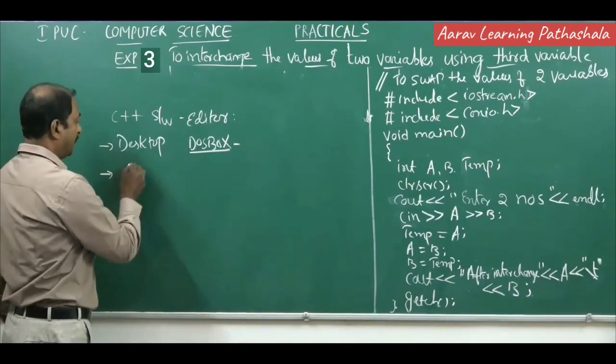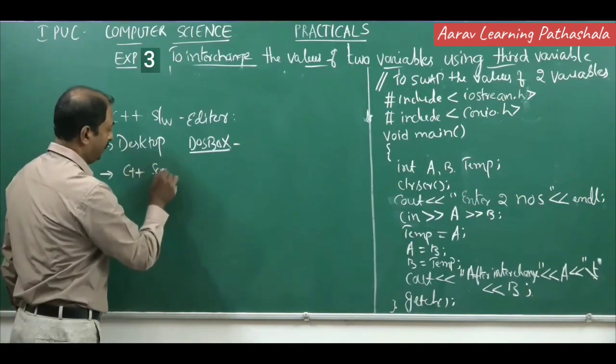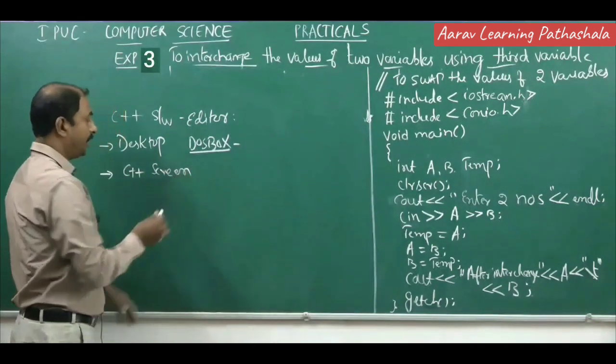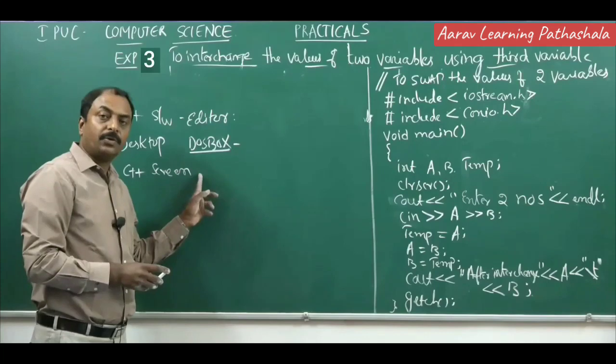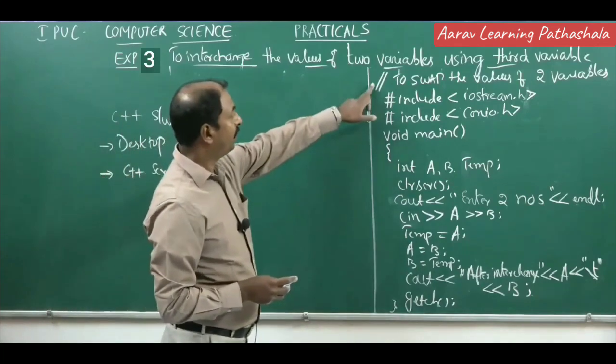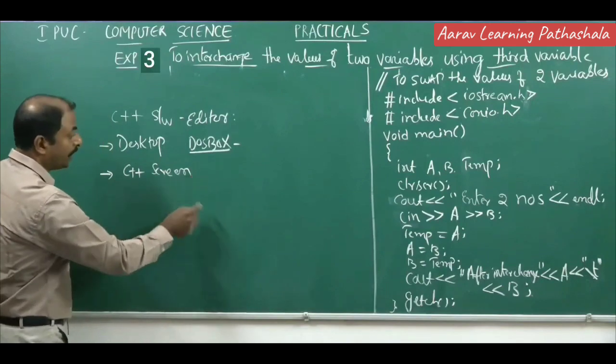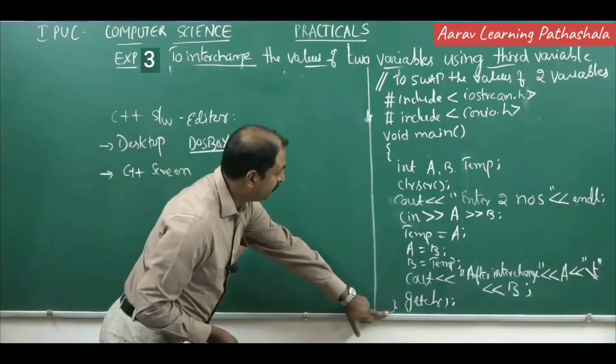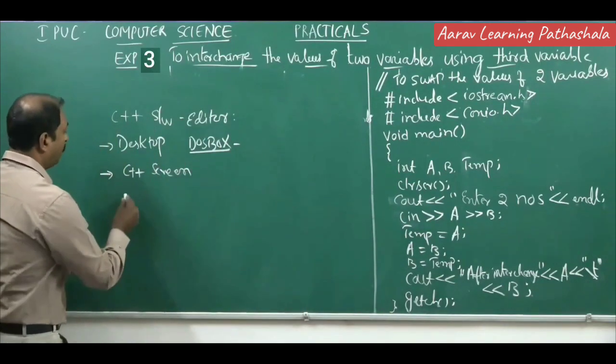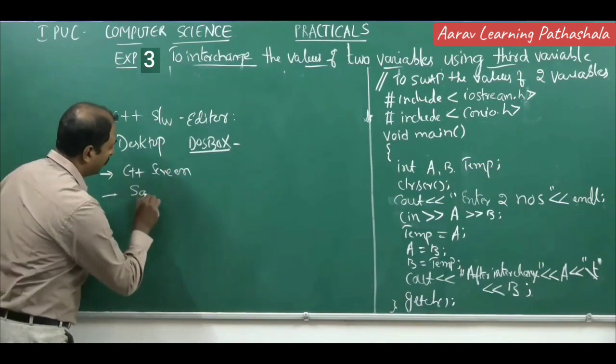Inside the C++ screen or editor, here is the place where you have to type this program from here to here. After completing till the end of this braces or bracket, we have to save the program.